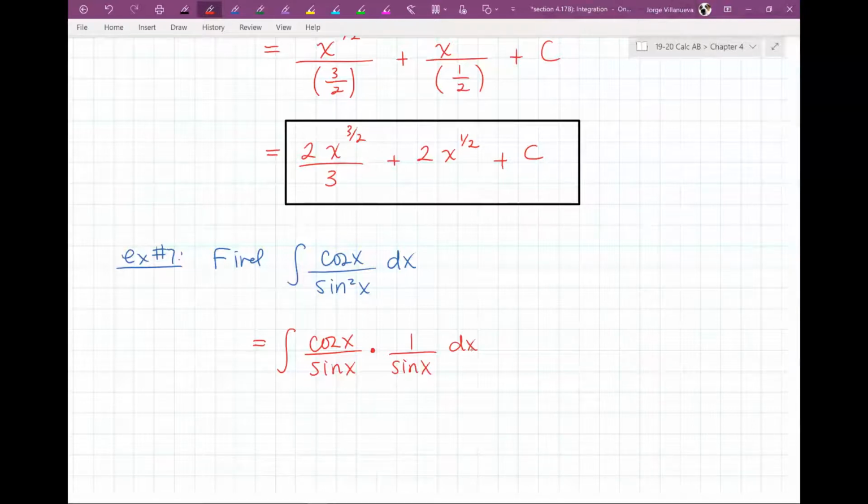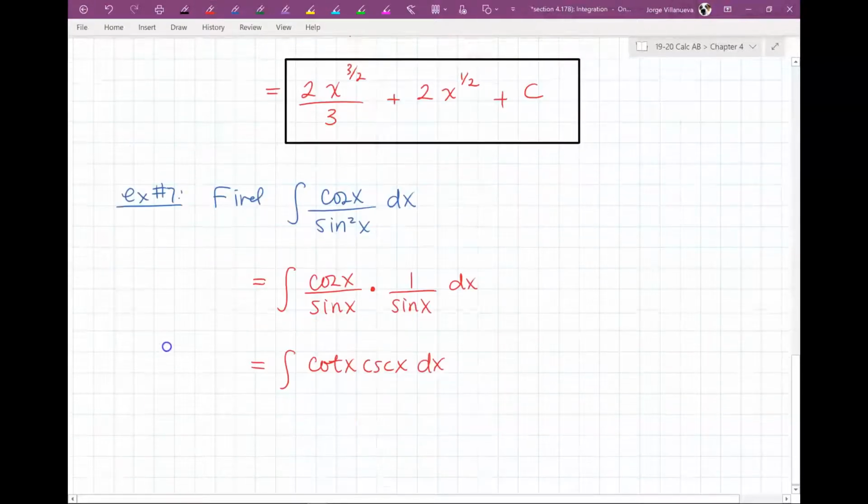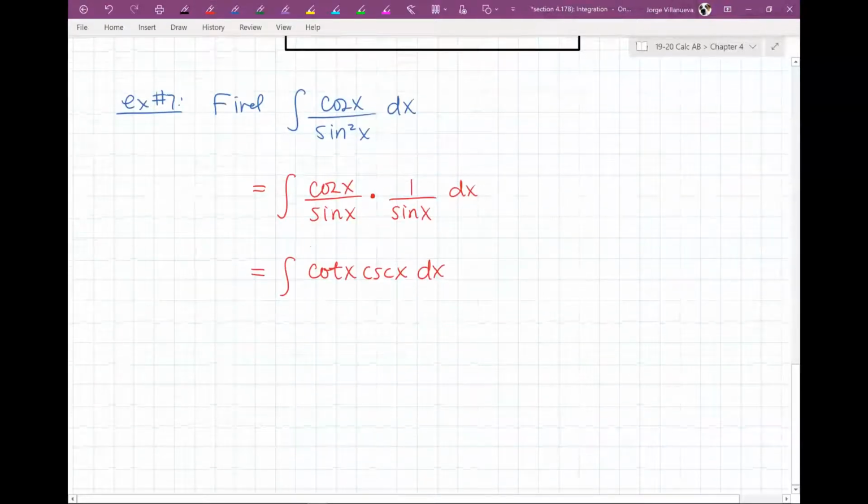I know there's two sines on the denominator, so I'm going to use them as two different fractions multiplied times each other. Now there's a reason why I did this, because what is cosine over sine? That's cotangent of x, right? What's 1 over sine? Cosecant of x. And don't I have a property or a rule that tells me what the integral of cotangent x cosecant x dx is? What is the answer to that?